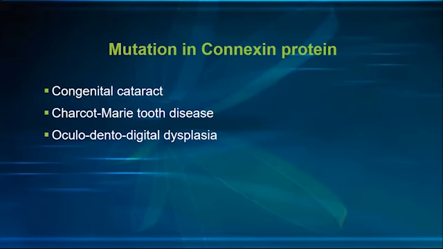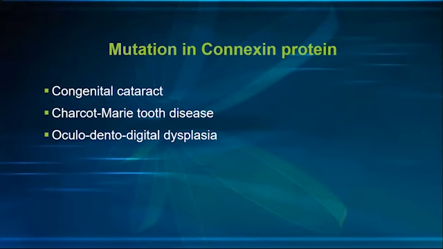Then another abnormality that can occur is the Charcot-Marie-Tooth disease. This is basically a disease of the peripheral nervous system, the system that connects the brain and the spinal cord. So if there is any sort of mutation, this can lead to dysfunction of the signals between the brain and the spinal cord, and this can also cause atrophy of the muscles of your extremities.